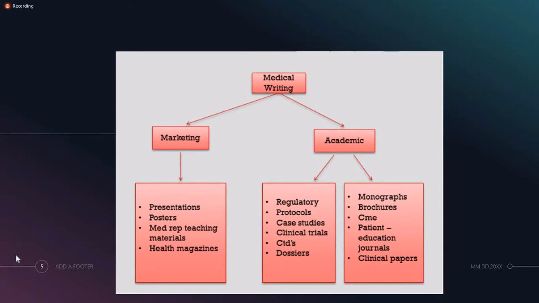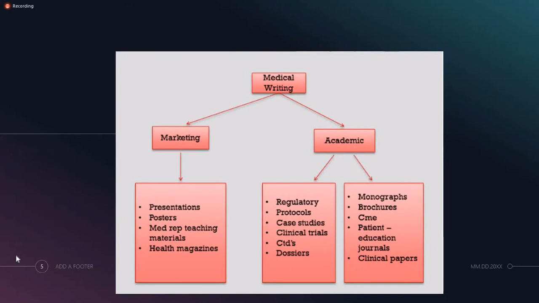But academic writing may be further classified into two. So one is pure academic, where you are writing solo books or CMEs or maybe clinical papers, journal papers.